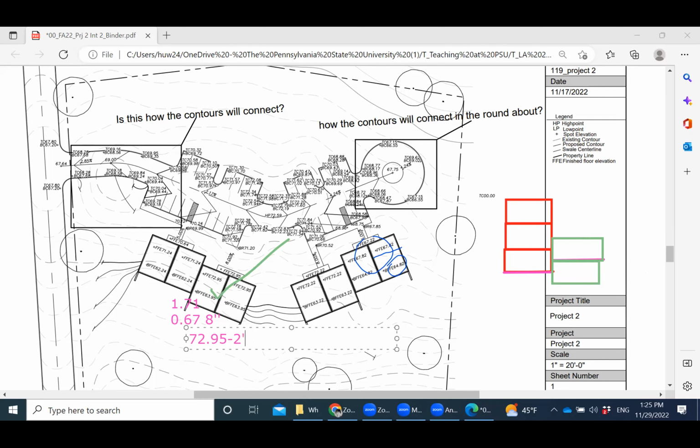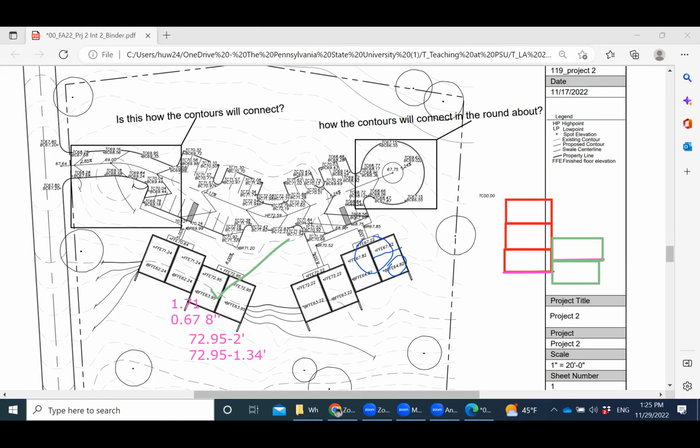Or I would use 72.95 minus 1.4. I can't do the math anymore. So that would be the FFE. That seems to be closer to what you want here. Okay, so that's the first thing that I noticed. For this set, definitely recalculate the FFE over there.